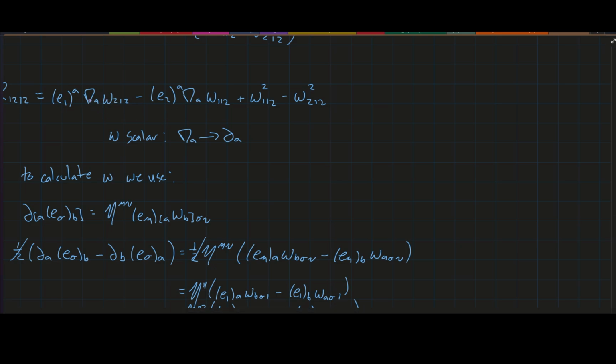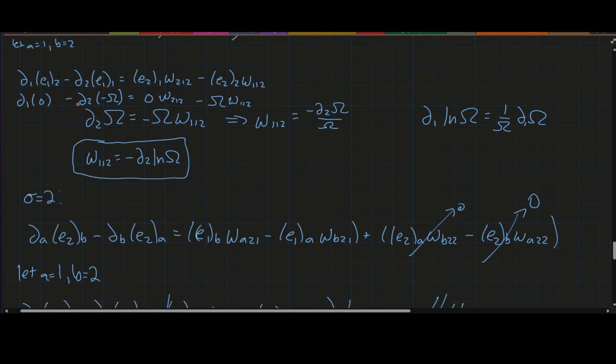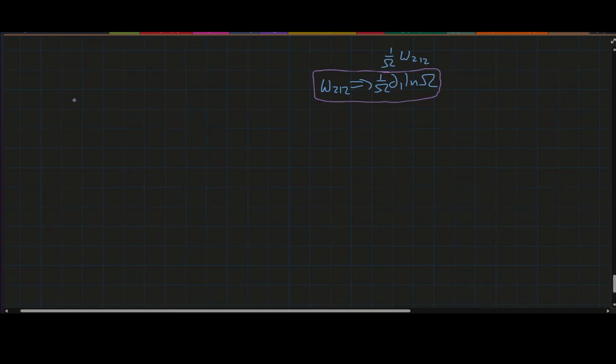So let's go ahead and write this down again while letting those sums actually expand and see what happens now that we have these w's.